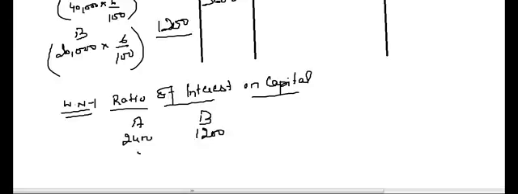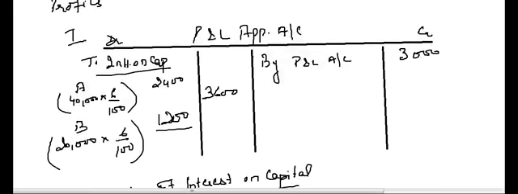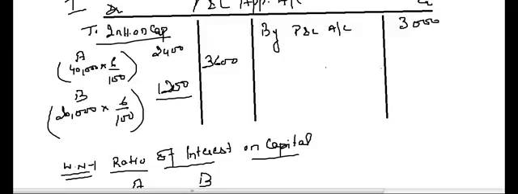So what is the ratio between them? 2:1. So we will divide this profit of 3000 in the ratio of 2:1. So the interest on capital will be 2000 for A and 1000 for B, and the total will be 3000.